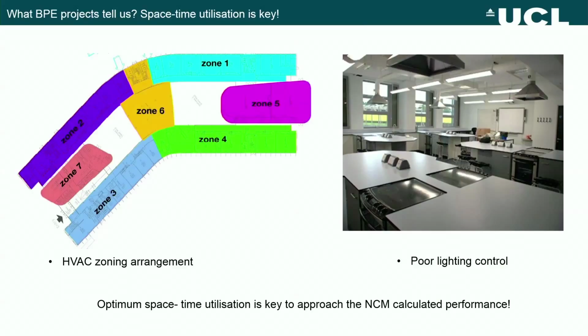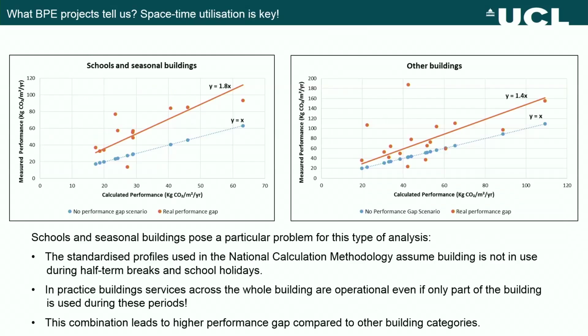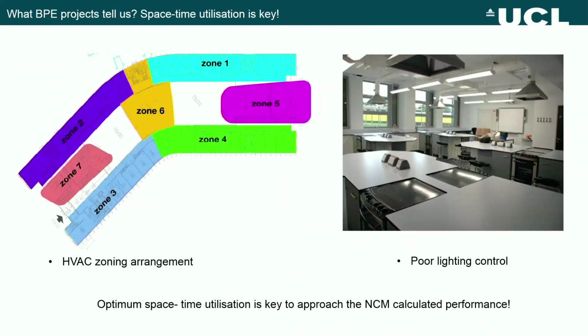They don't take advantage of HVAC zoning, for example, okay? Or there are problems around automated control, lighting control. So these problems compound each other, and for that reason, you notice that the extent of the performance gap in schools and seasonal buildings actually is much higher than the other sectors.